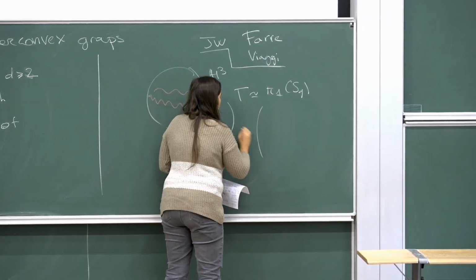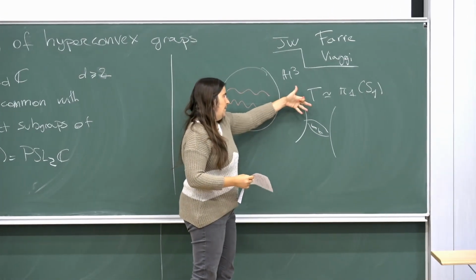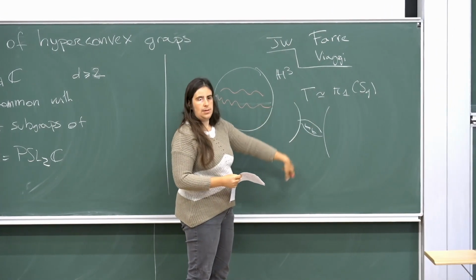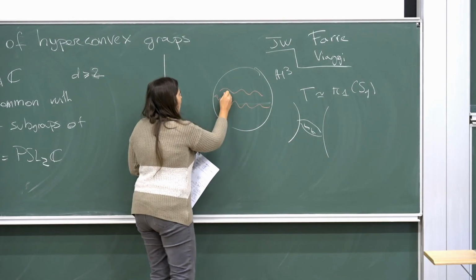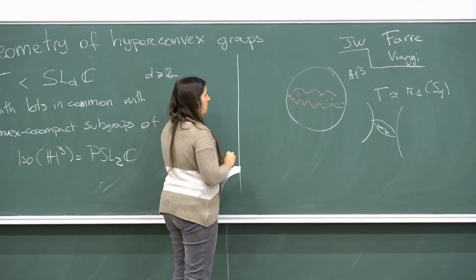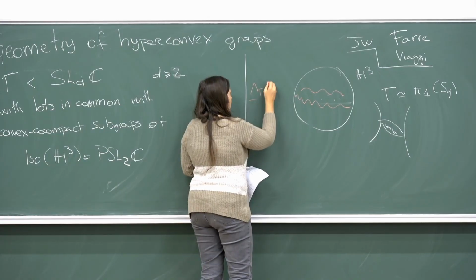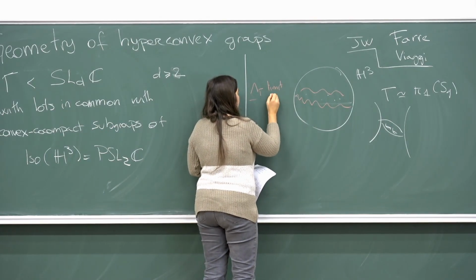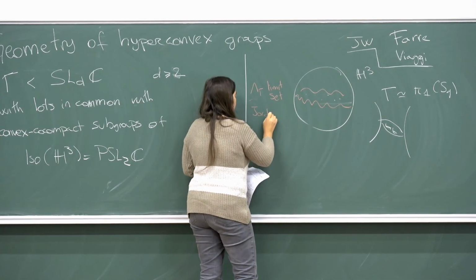This means that the quotient manifold is going to be a hyperbolic structure on surface cross the interval, and the action on H^3 will have orbit maps that accumulate on some Jordan curve at infinity, which will be the limit curve, the limit set of gamma, some Jordan curve.